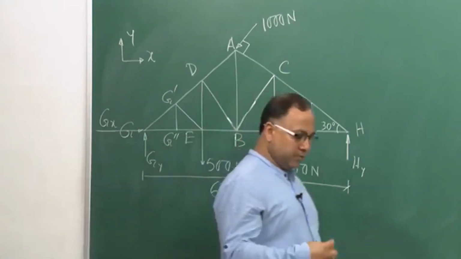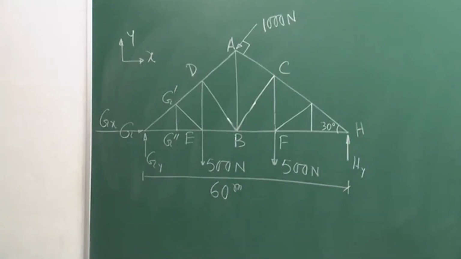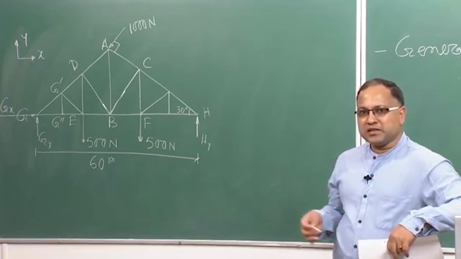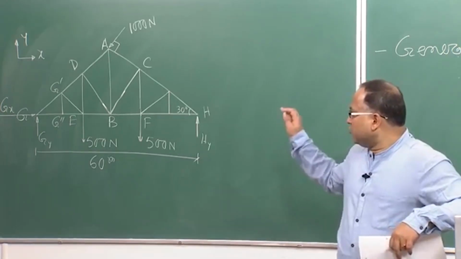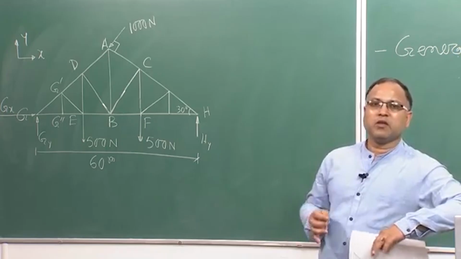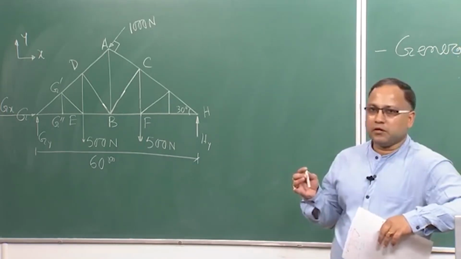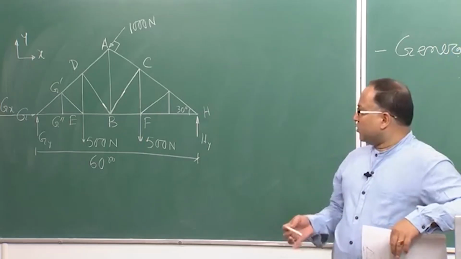So, these are the support reactions. If you remove the support conditions, you will get the support reactions, and now it shows you the free body diagram of the whole truss. Fine.